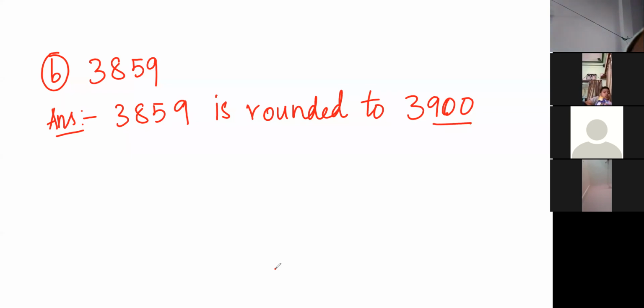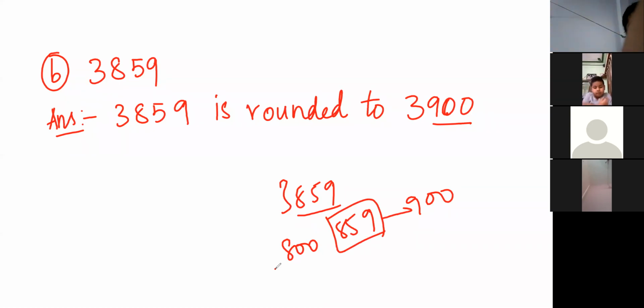That means what? If you apply the number line system, what does it mean? See, 3859 is there. It lies between what? Two hundreds here. If you take 859, it lies between 800 and 900, right? But 859 will be closer to 900 but not 800.